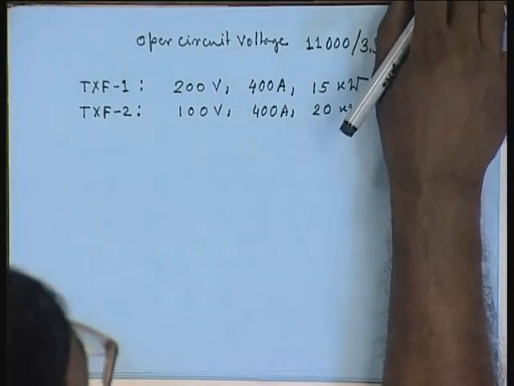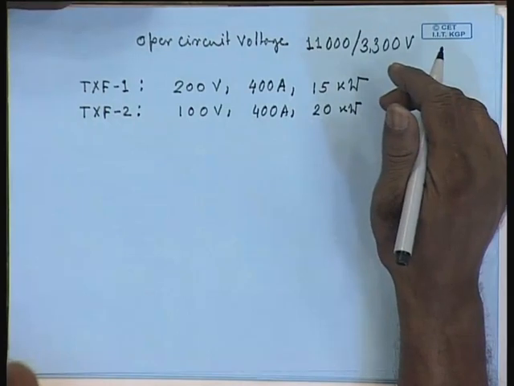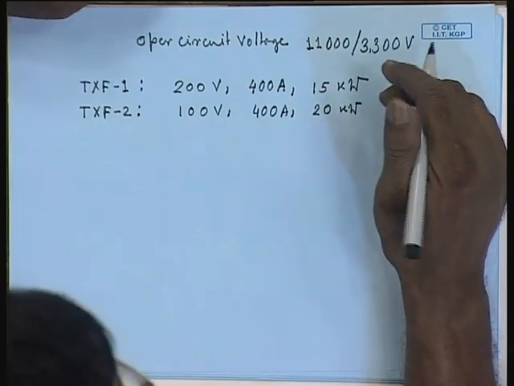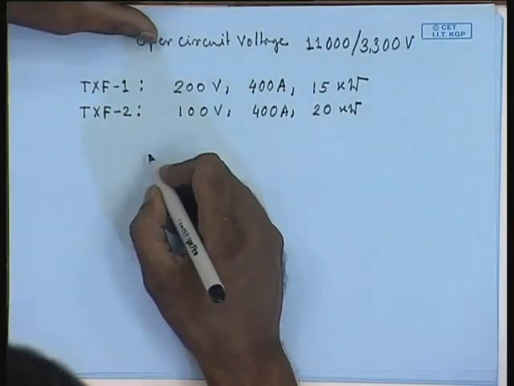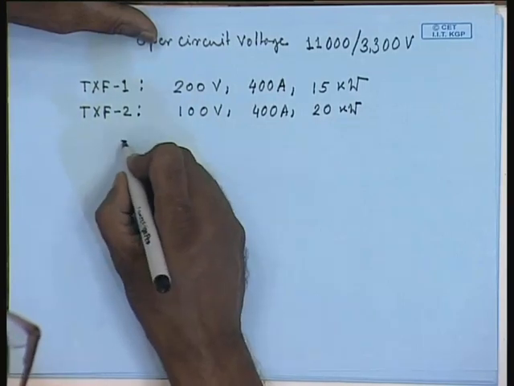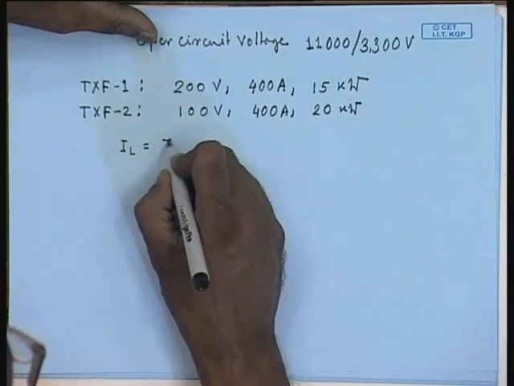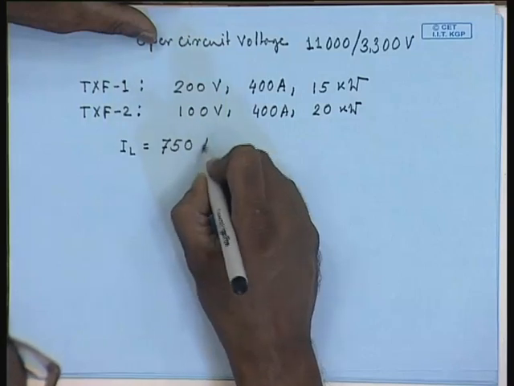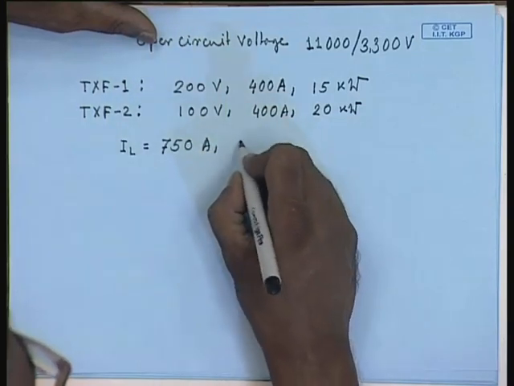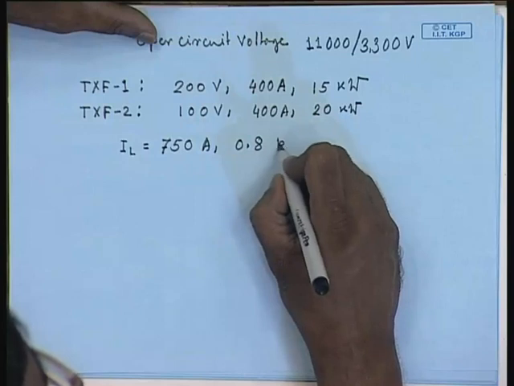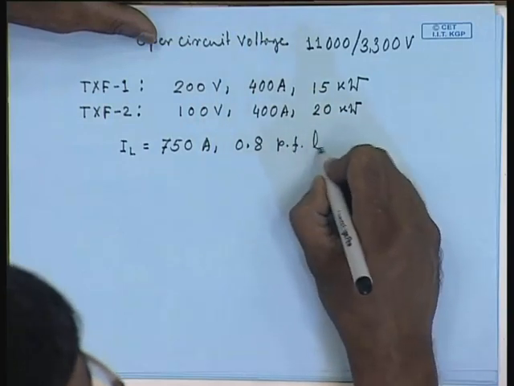Now, these two transformers are connected in parallel and they supply a load current IL of 750 ampere at a 0.8 pf lagging power factor.